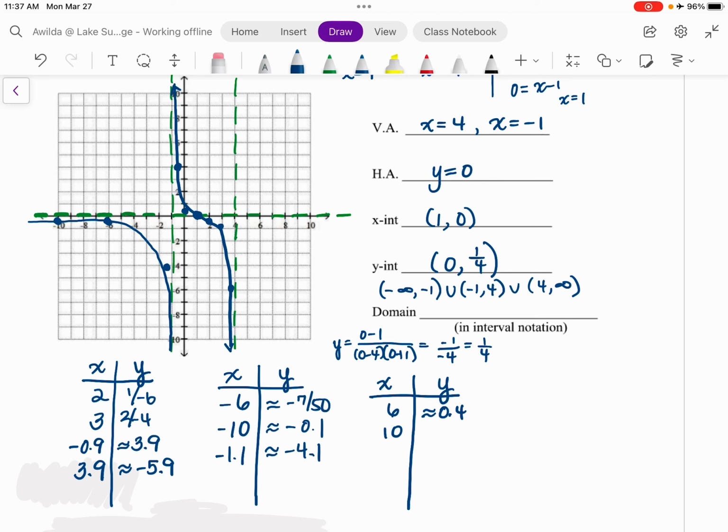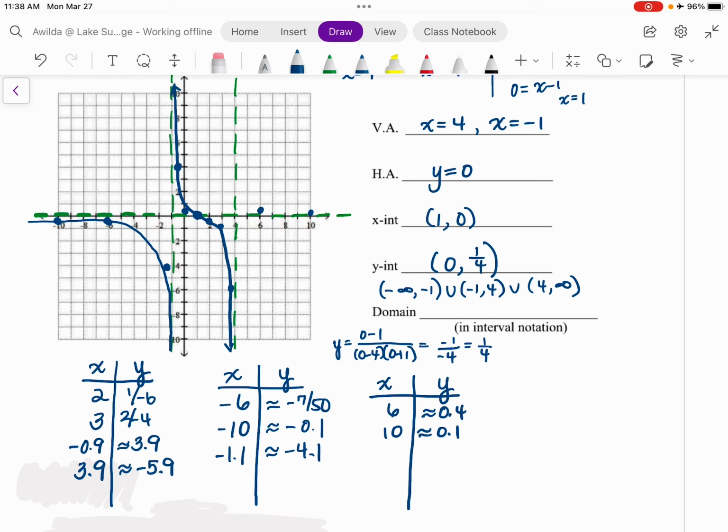So that puts me right about here. And when x equals positive 10, I get a y value of approximately 0.1. So I see that I can predict that as I go to the right, that graph is going to start getting closer and closer to that horizontal asymptote.